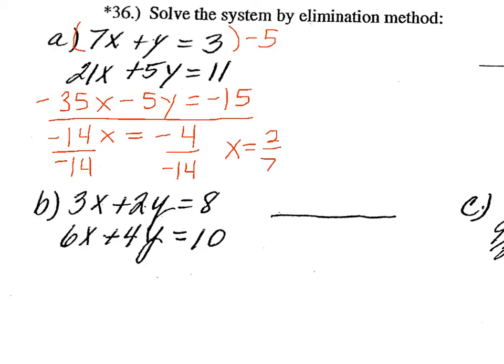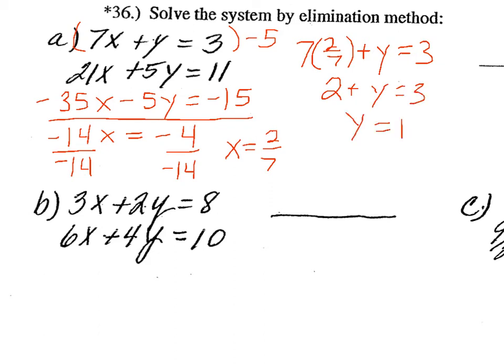So now we're going to take 2/7 and plug it in for x. So we have 7 times 2/7 plus y equals 3. So 2 plus y equals 3 and y equals 1. So our answer is (2/7, 1).